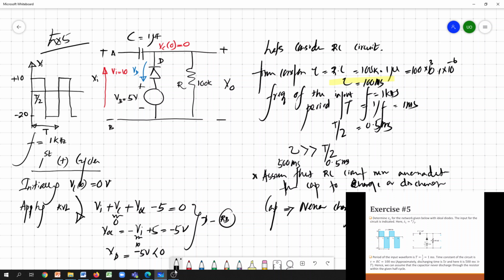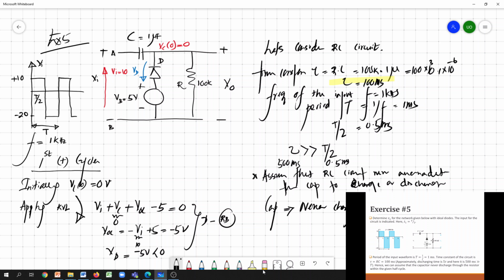So the voltage across the capacitor still remains at 0.